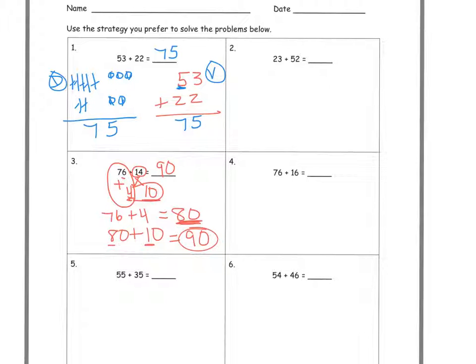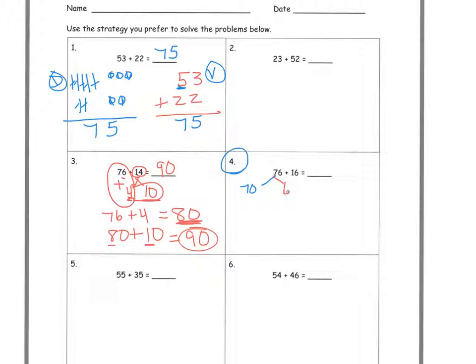And then just because I want to show something a little different, I'm going to go to 4. And I'm going to do another number bond, but I could show this vertically as well. And I'm going to break it apart this time by the tens and the ones.